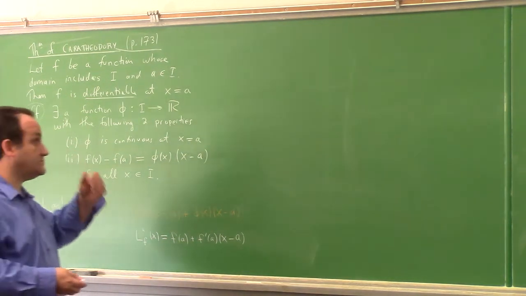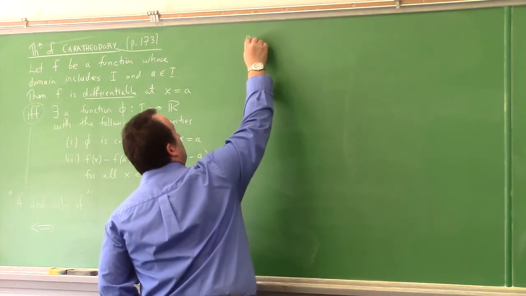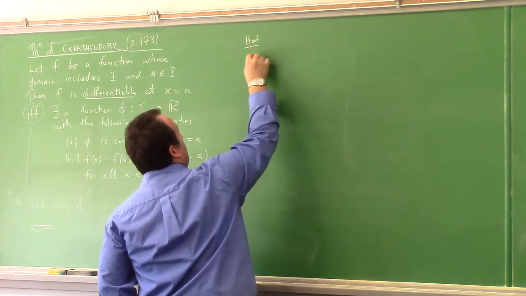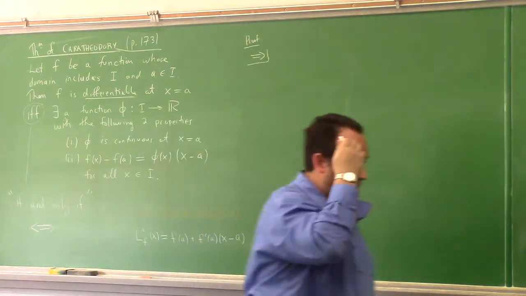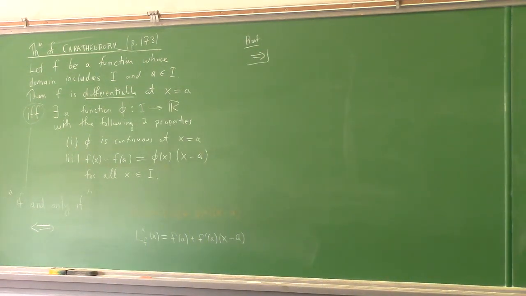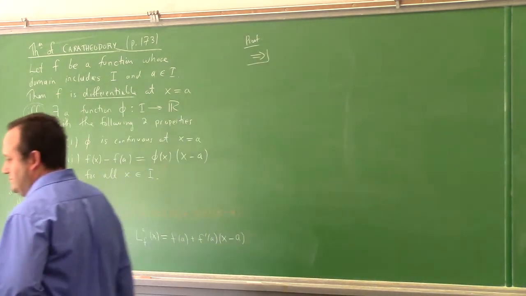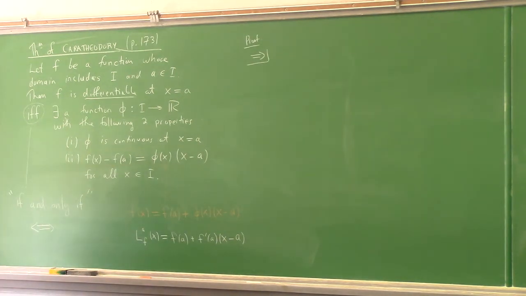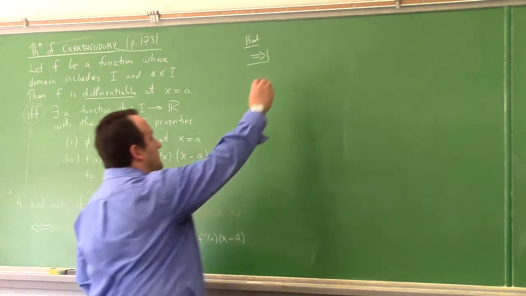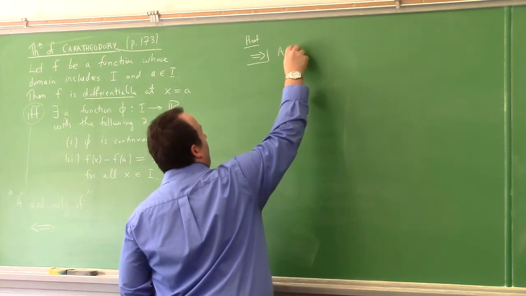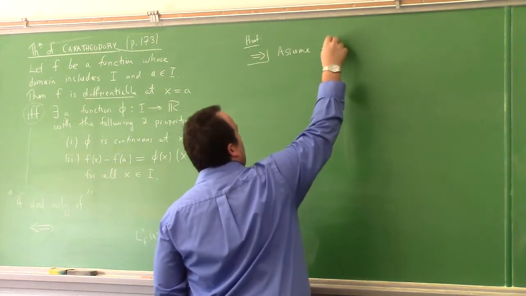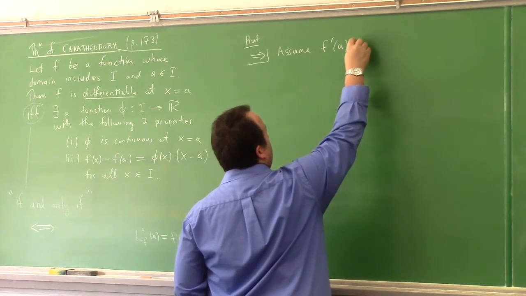Let's look at the forward direction of the proof. Let me close this door here. So we should assume f is differentiable at a.